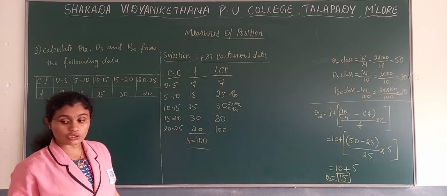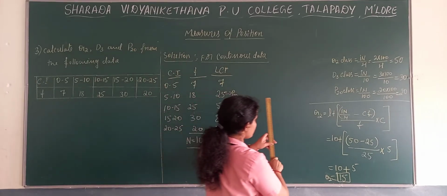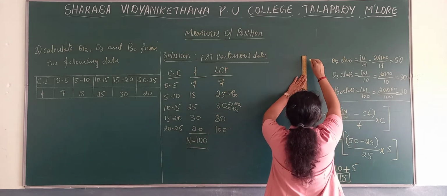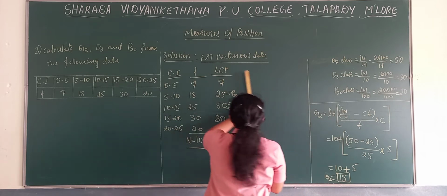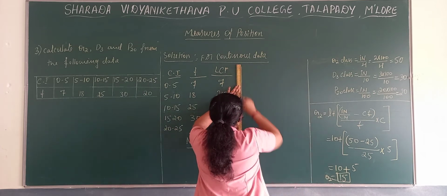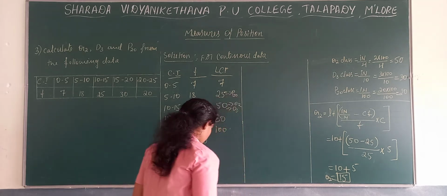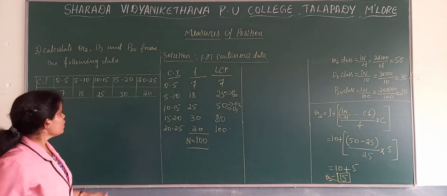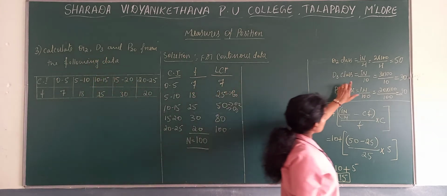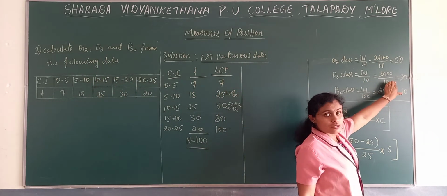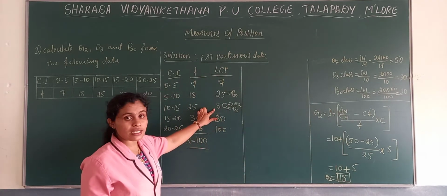Next you need to find D3 and P20. Next we will solve D3 and P20. In case of D3, we already found the D3 class. Through 30 we get the same class for Q2 and D3, so you will get similar classes.